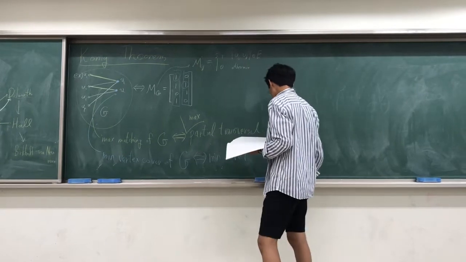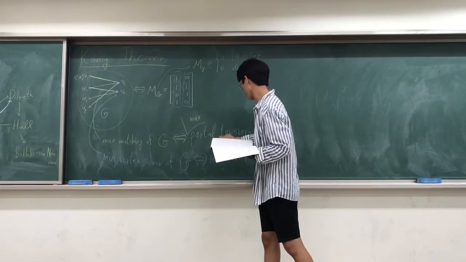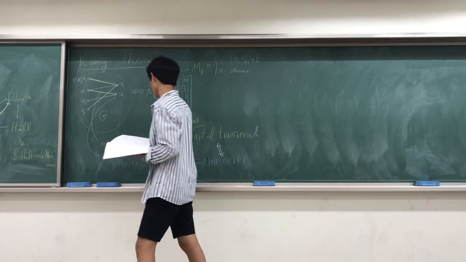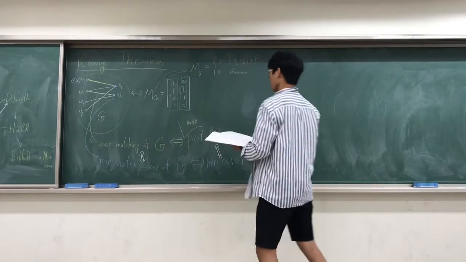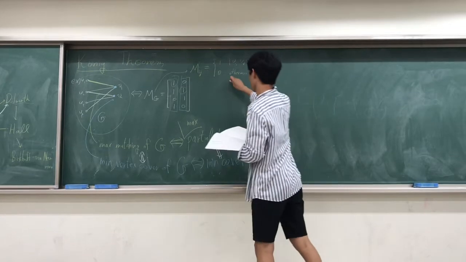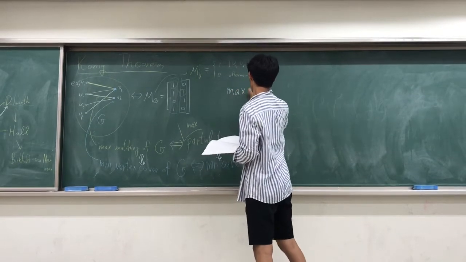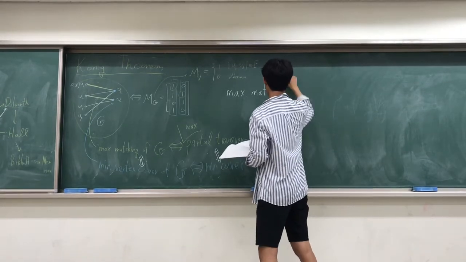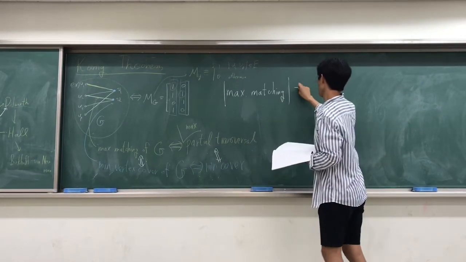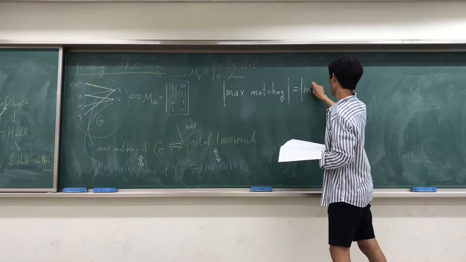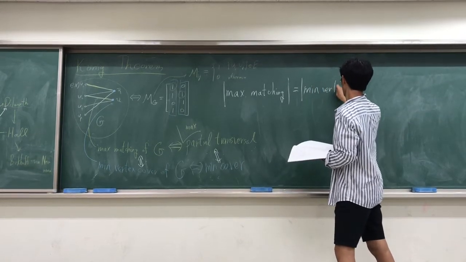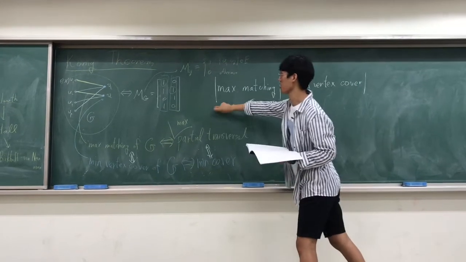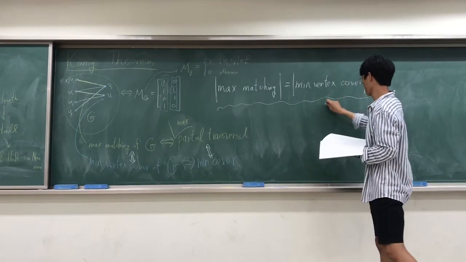And we know from Konig-Egevary that these two have the same size, which means that we can also deduce that these two have the same size. And we have the following theorem, which states that the maximum matching has the same size as the minimum vertex cover. And this is the Konig theorem.